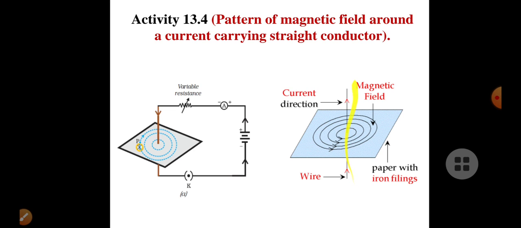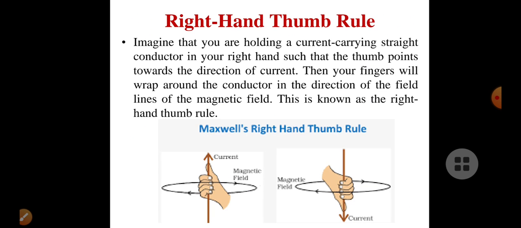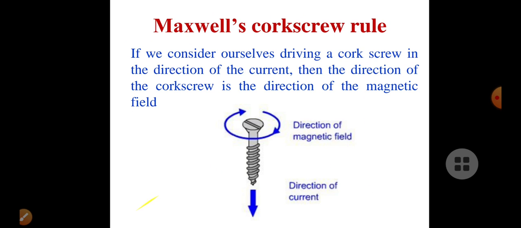And in another figure you can see the direction of current is upward, and according to Maxwell's right hand thumb rule, the direction of the magnetic field will be anti-clockwise. A lot of questions we'll be doing later on the basis of these rules, in which you have to find the direction of the magnetic field.